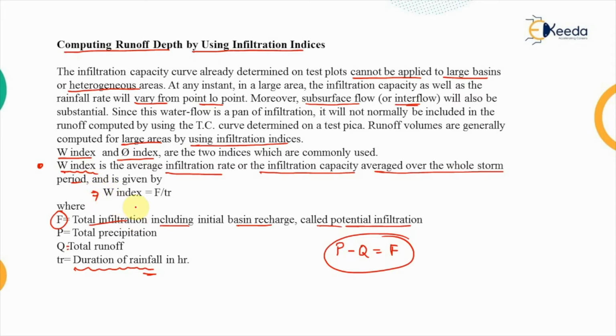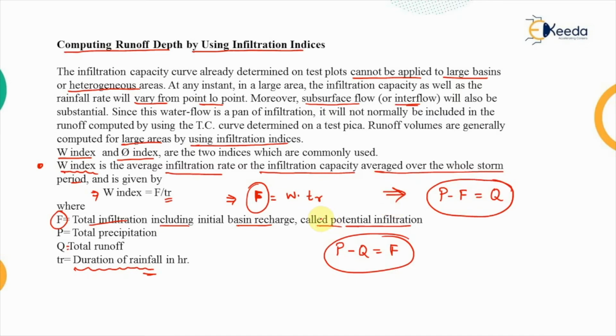So if we already know the W index for a certain area and if we know the duration of the storm in that area, then we would be able to calculate the infiltration, that is W into TR. And from here, if we know the total infiltration, then out of the total precipitation, if we deduct the total infiltration, we will get the total runoff.